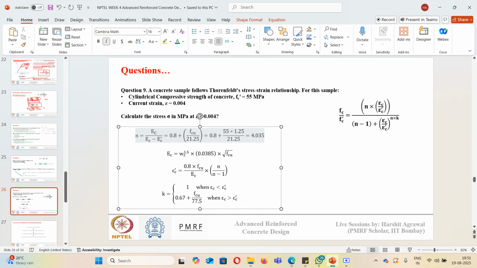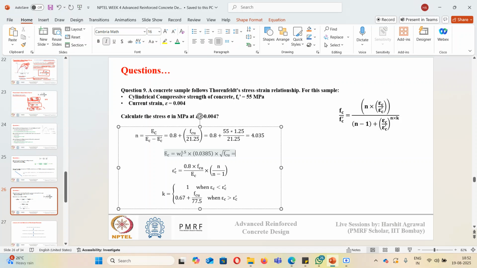Now, I also need to calculate the value of epsilon c dash, which is not known to me, for which I have this relationship. In this relationship, fcu we know, but we don't know the modulus of elasticity of concrete. So for this, we will use the second relationship.